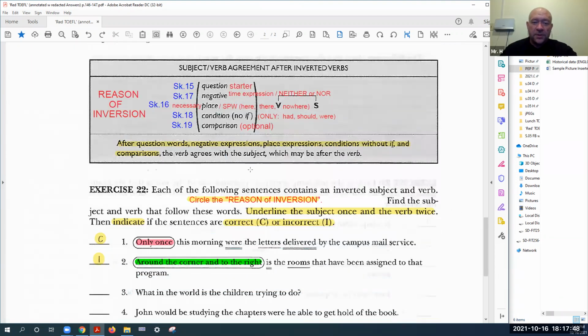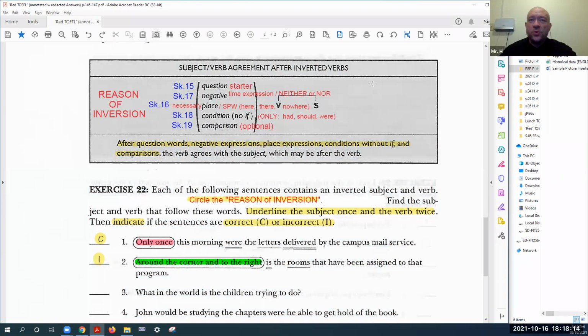Next page. Look at the chart, the table. Ahmed, what do you see at the top? What's the name of this chart, this skill? Subject and verb agreement after inverted verbs. Okay. And over here, can you read this on the left? Reason of inversion. Okay.